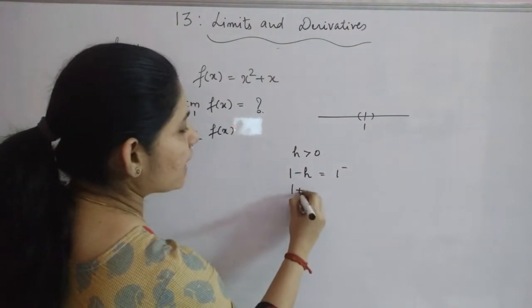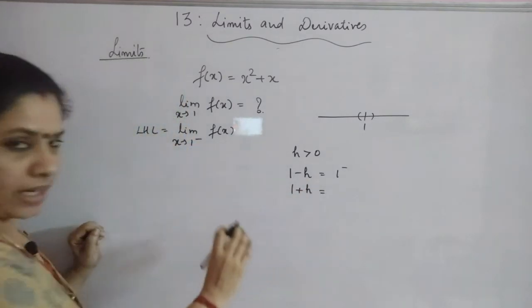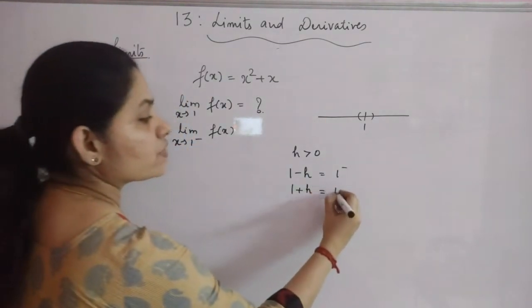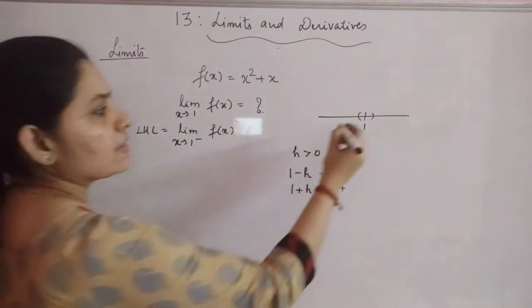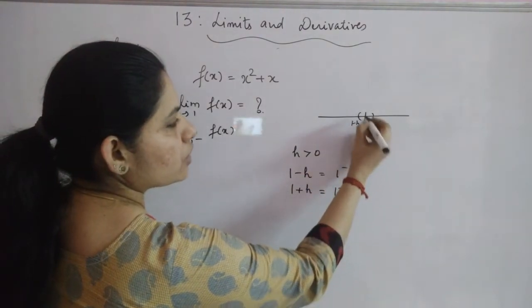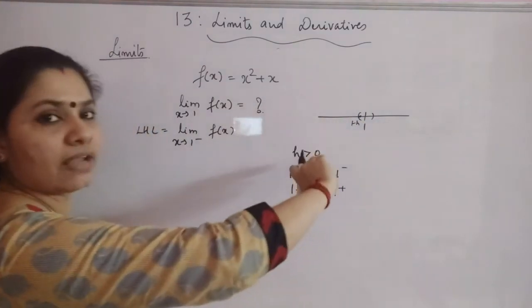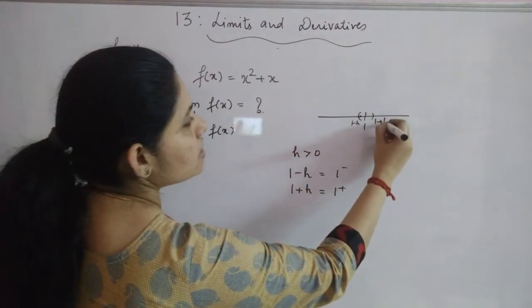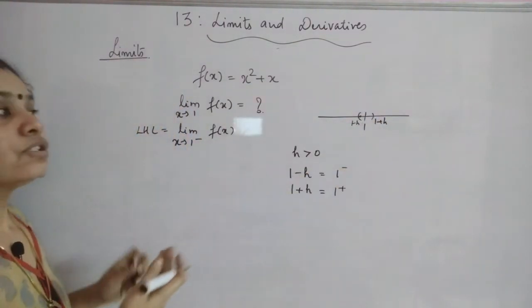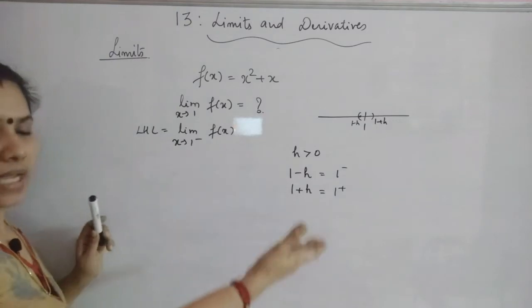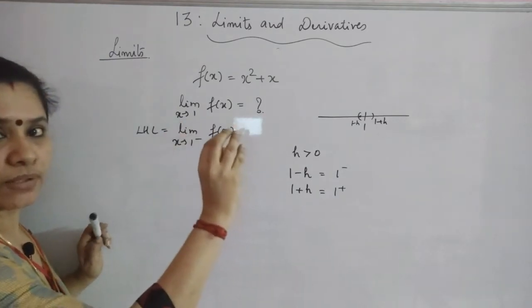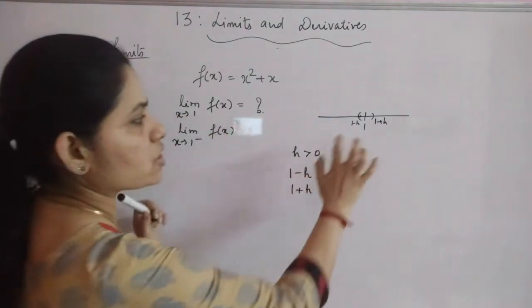And if I add h to 1, I get a value greater than 1. That means 1 minus h will be nearby 1, to the left of 1, and 1 plus h will be nearby to 1, but to the right of 1. It is a very small neighborhood, that is, they are very close points to 1.